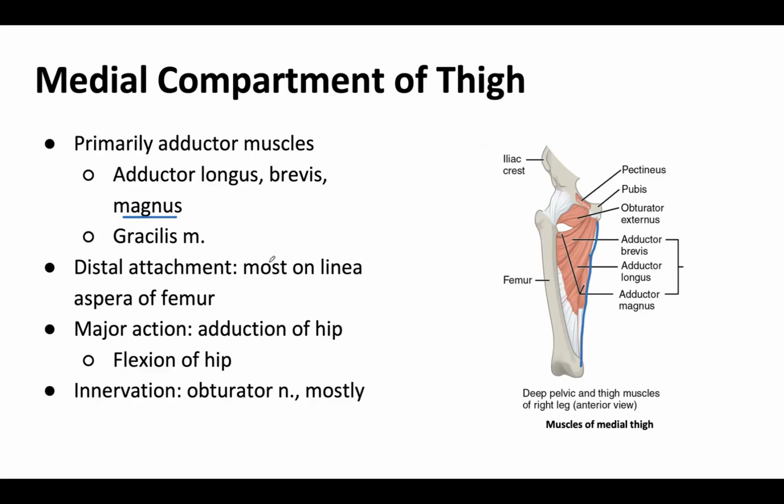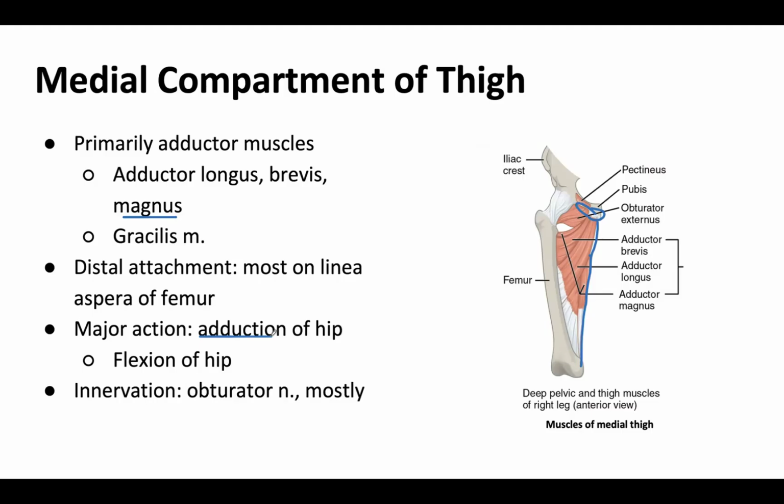These muscles all have a proximal attachment, mainly on the anterior surface of the inferior portions of the pelvic girdle. And then distally, most of these muscles attach to the linea aspera that runs down the posterior portion of the shaft of the femur. So these muscles will adduct the hip and move it back towards the midline.